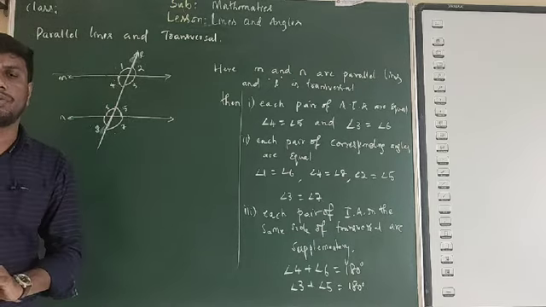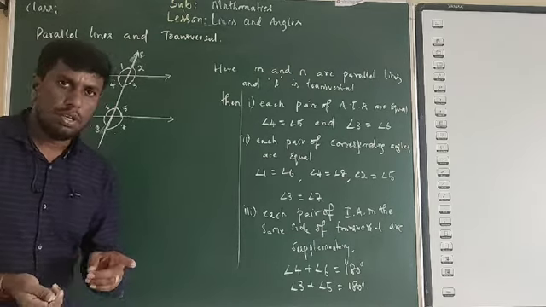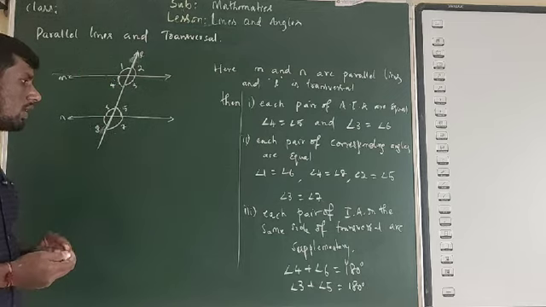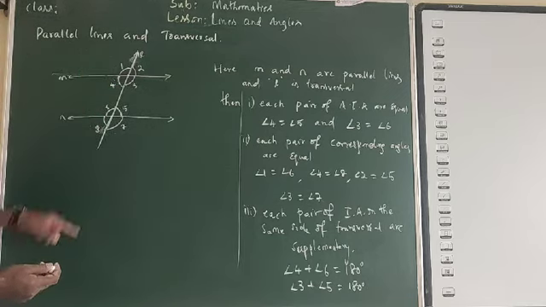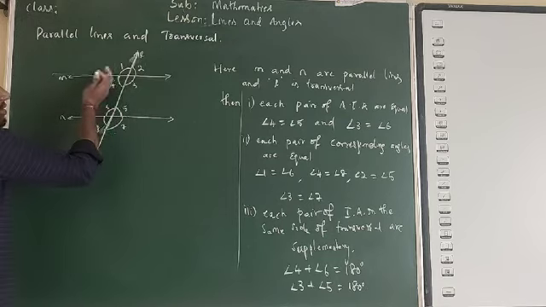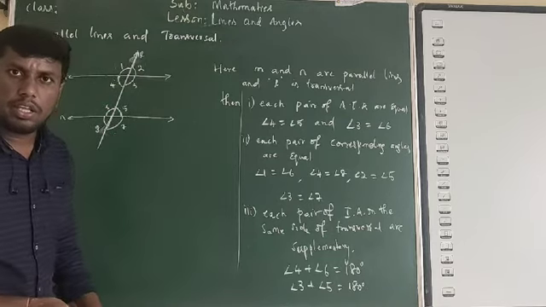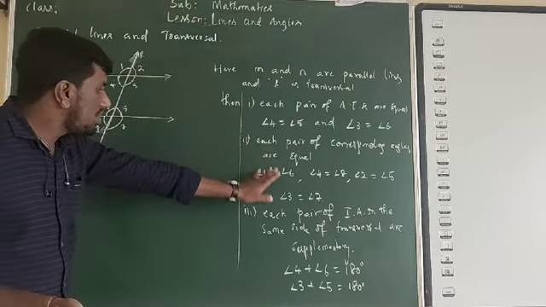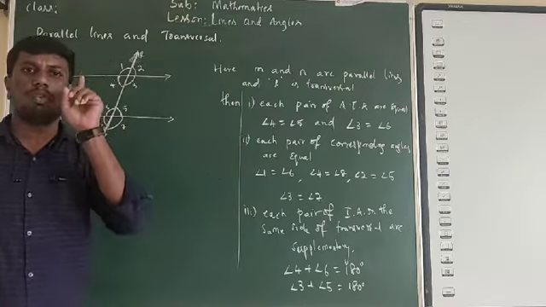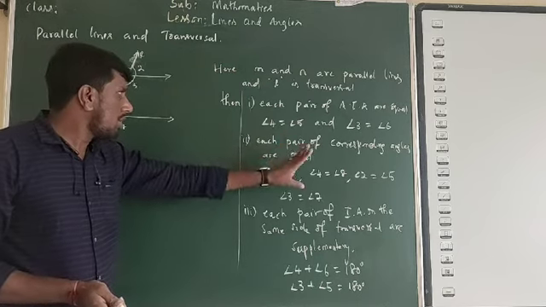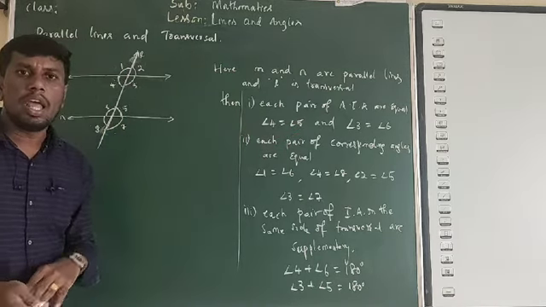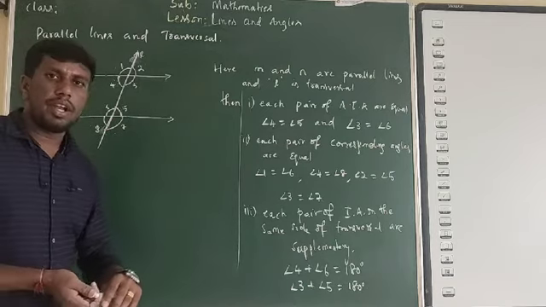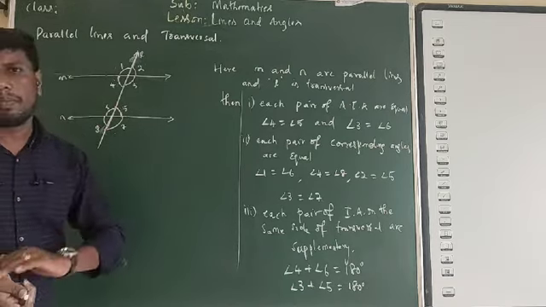Any one pair is enough to prove that these two lines are parallel. Okay. The third one: if any one pair of interior angles on the same side of the transversal are supplementary, then I can say that these two lines are parallel. So out of these three conditions, if any one condition is satisfied, then I can say that these two lines are parallel.